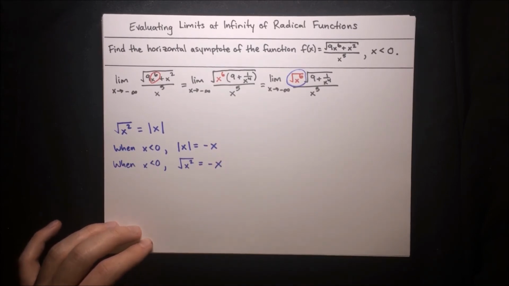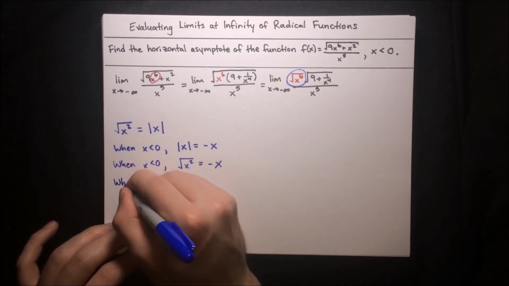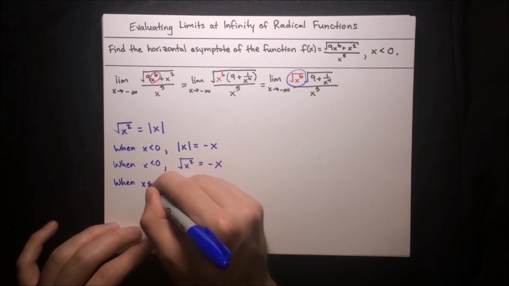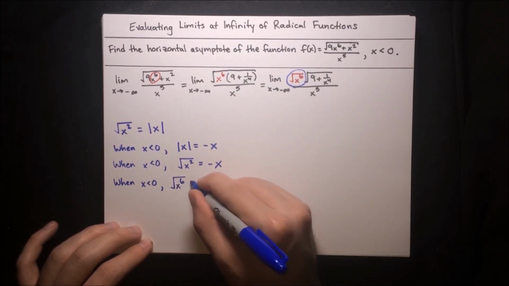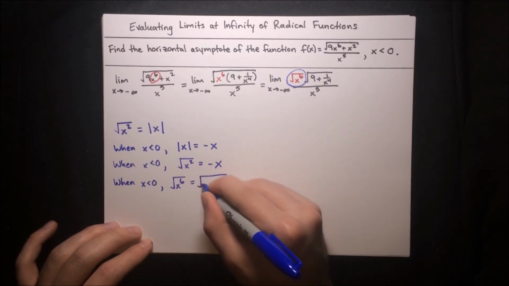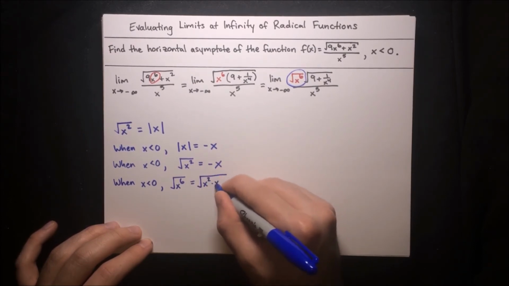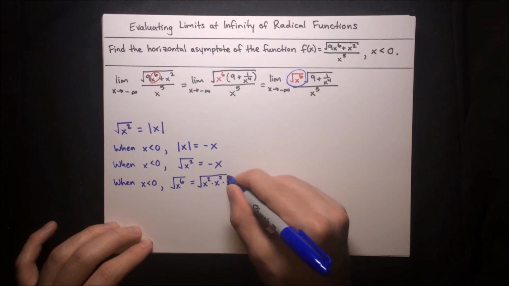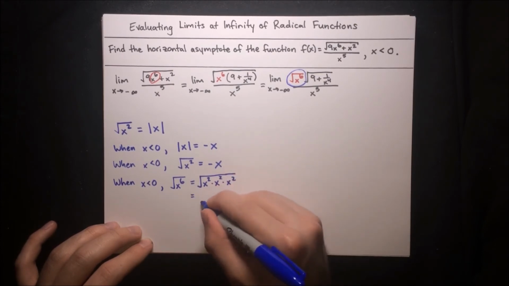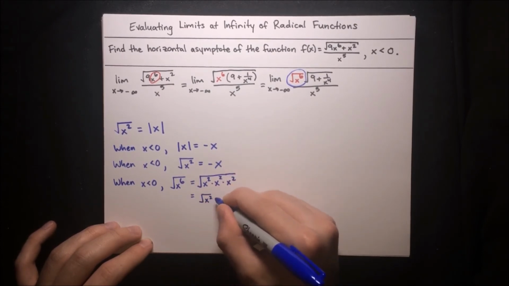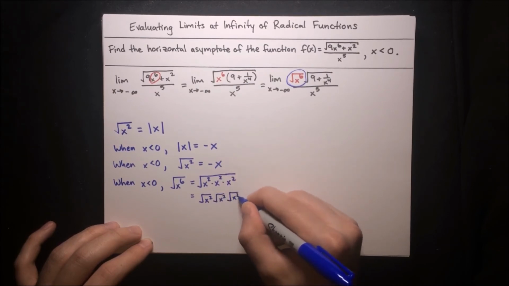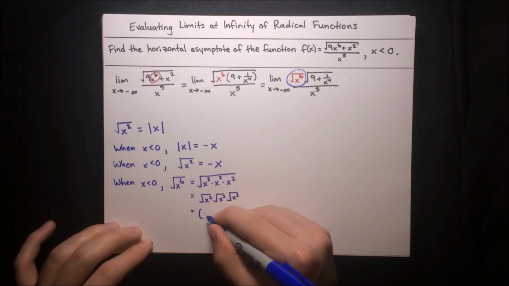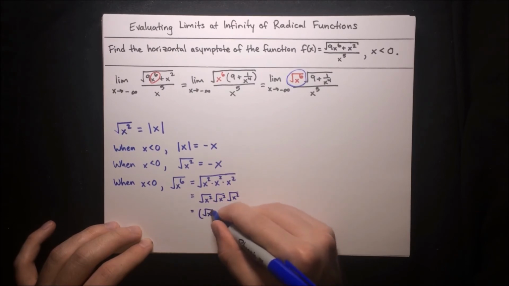And now we can consider the square root of x to the 6th. So when x is less than 0, the square root of x to the 6th, well, just think that's like the square root of x squared times x squared times x squared, which is equal to the square root of x squared times the square root of x squared times the square root of x squared, which is equal to the square root of x squared to the 3rd power.